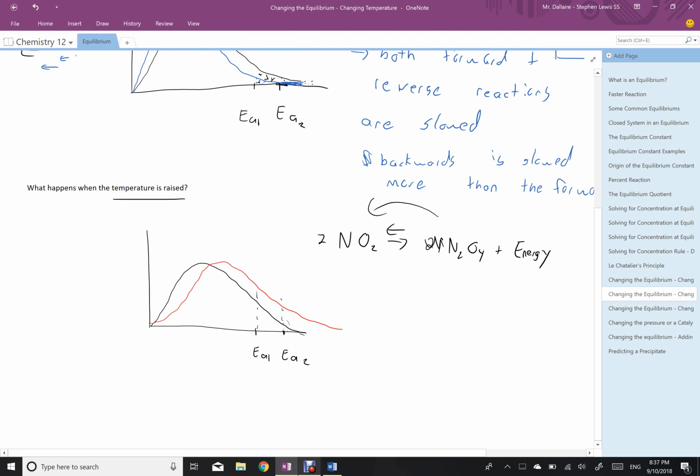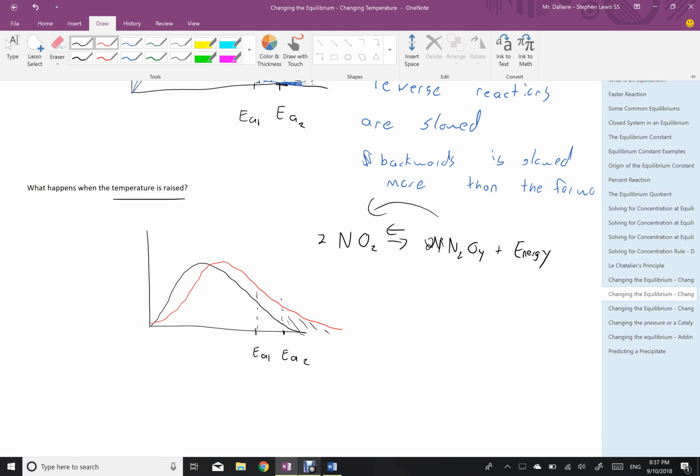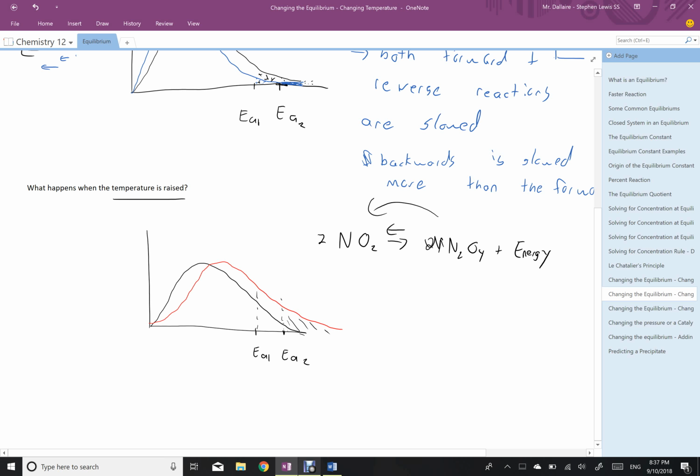Alternatively, if we look at the number of particles that are now available for the backwards reaction, it's much, much higher. So while both reaction rates speed up, the forward goes a little faster, maybe even twice as fast, but the reverse goes way faster, having so many more particles that are now available for that reaction.